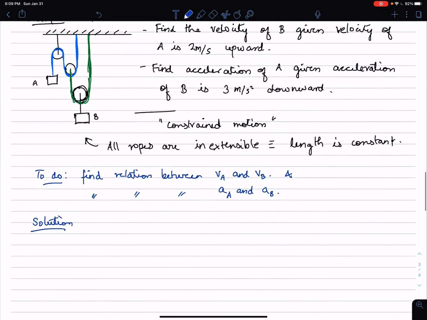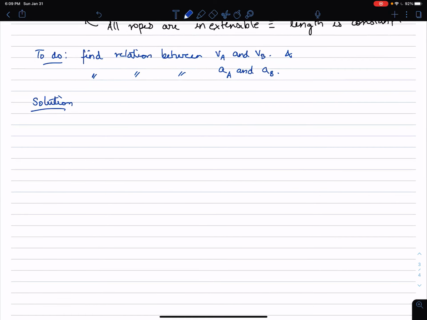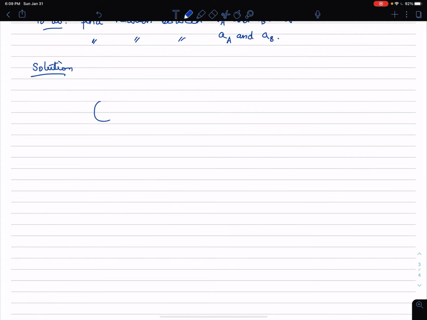The first step is, if you're given a picture like this, to try to see if you can either mark up the picture itself, or if the picture is a bit cramped, redraw the picture a bit bigger. Okay, let me redraw the picture a bit bigger here. So this is a big pulley.